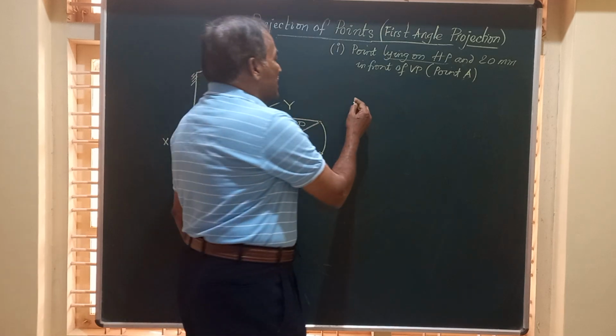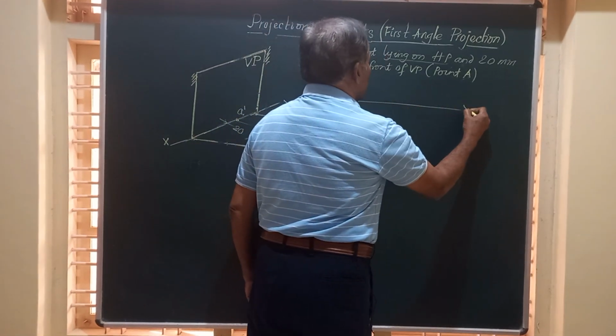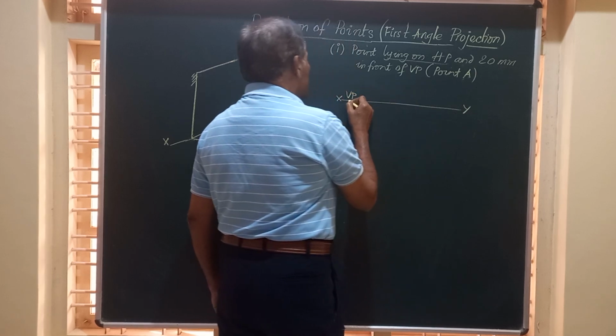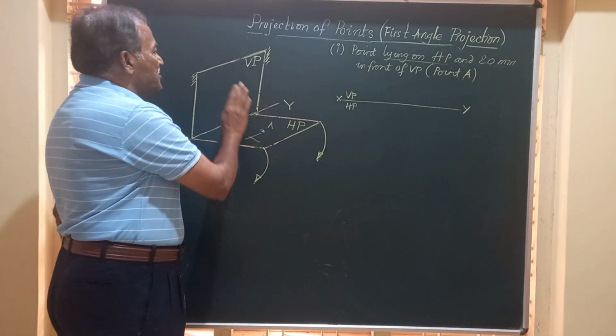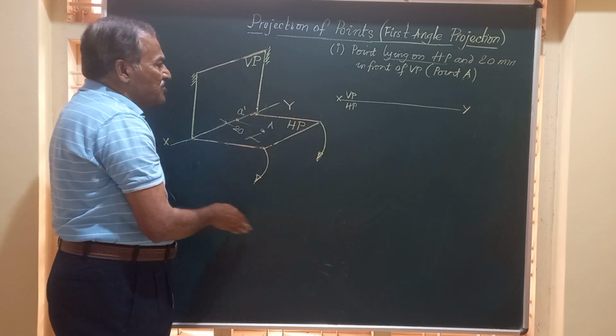So let us mark, in the first angle projection, XY with VP and HP. I will tell you the reason for marking like this. Friends, in the first angle projection, this VP is a fixed plane. The horizontal plane can be rotated.